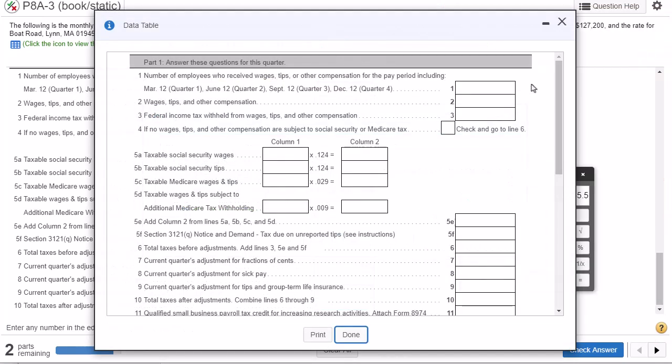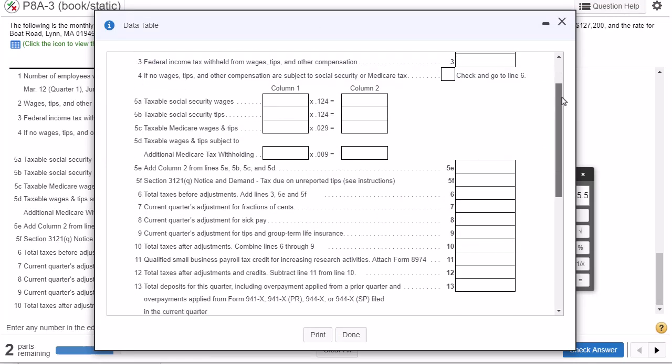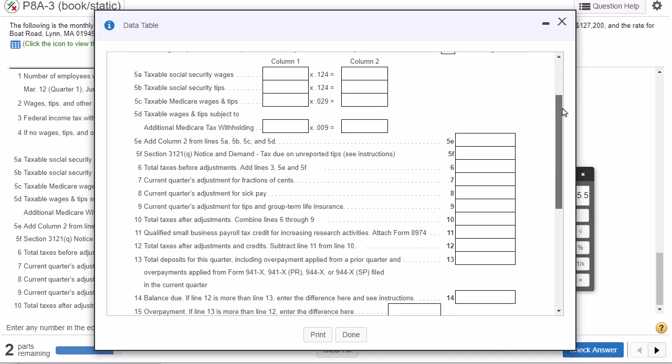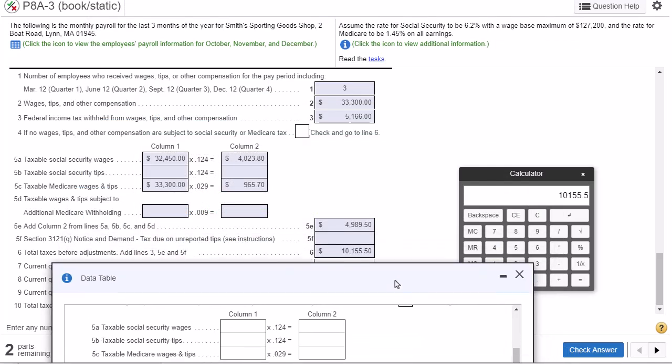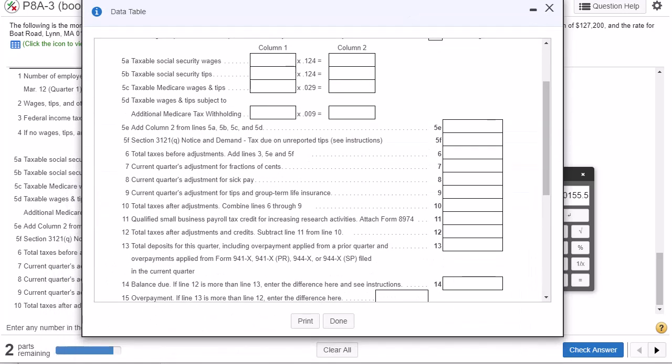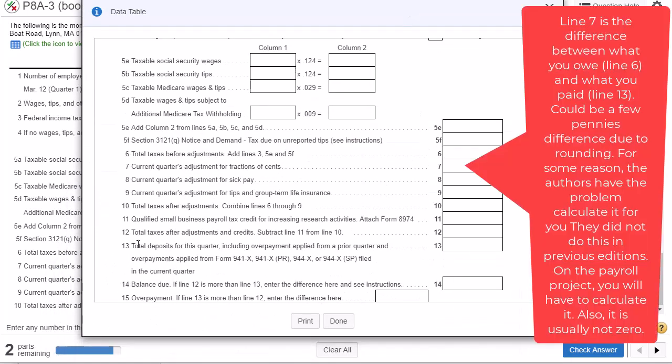It's comparing your taxes calculated by this form. The form is saying that we owe $10,155.5. We're going to compare that with what we actually paid, which is line 13, total deposits.